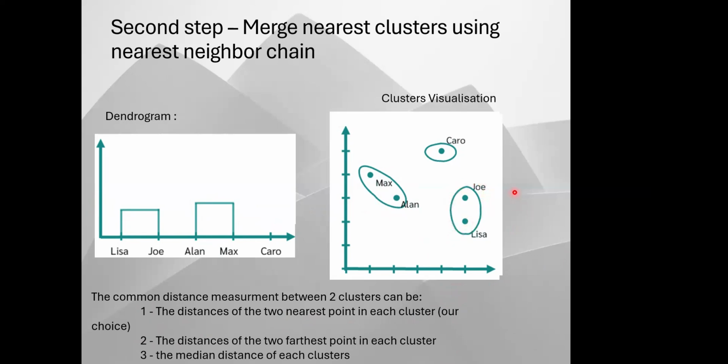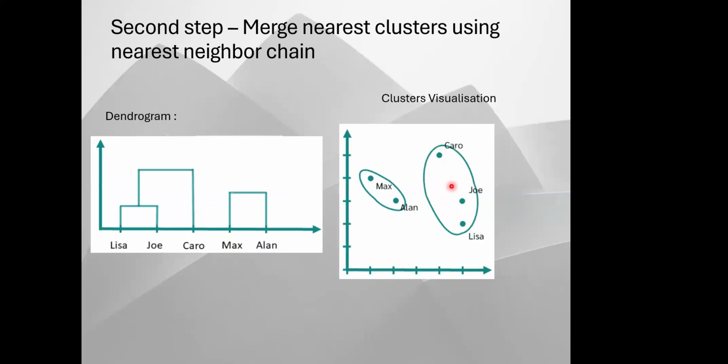Okay. Next, we will merge two clusters. Again, we will use the medium metrics, and in this case, Joe and Lisa is closer to Carol. I'll give you a spoiler, and that will be merged in a higher cluster. So it will look like this.